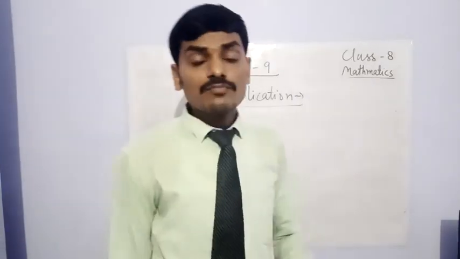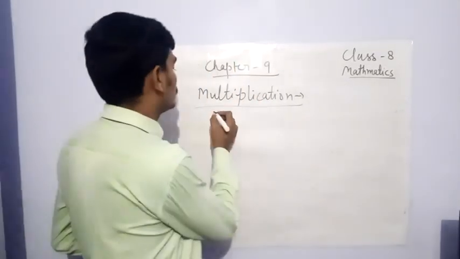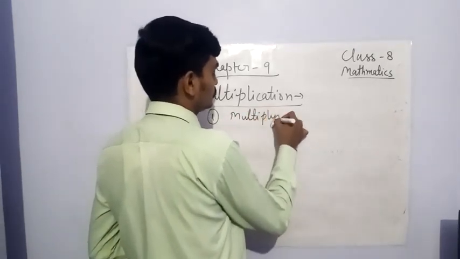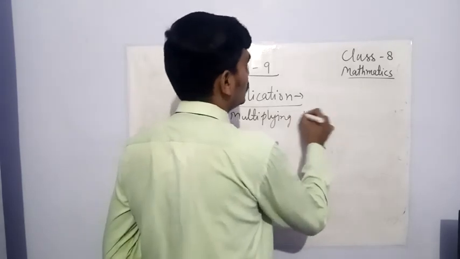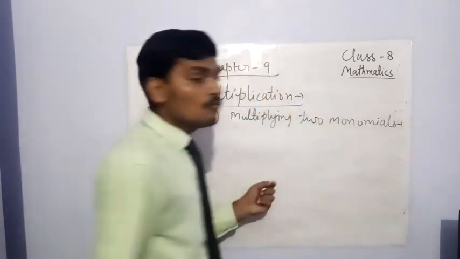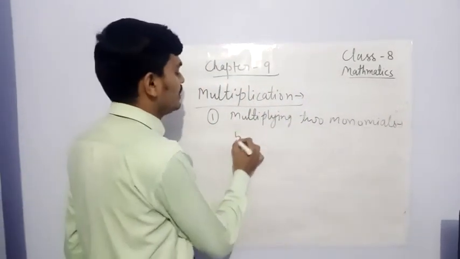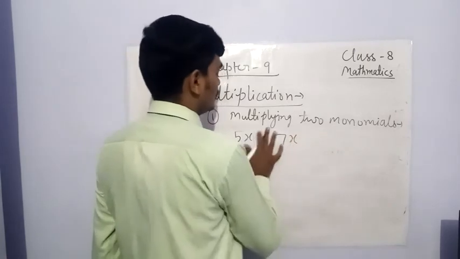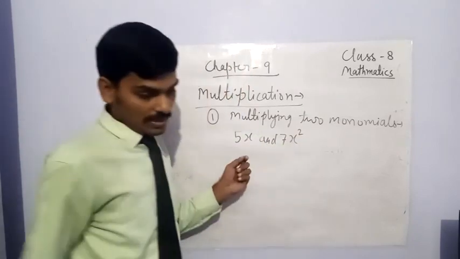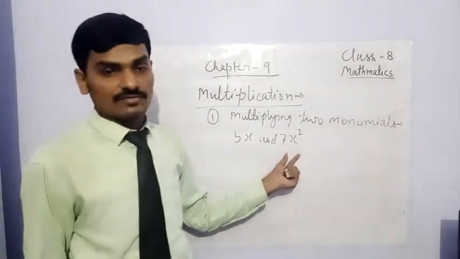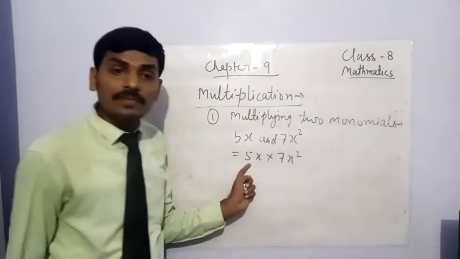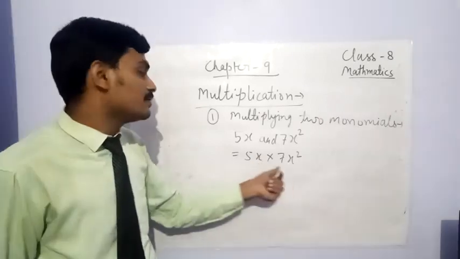First one is multiplying two monomials. If we have two monomials, then how will we multiply? For example, 5x into 7x square. We have to multiply 5x and 7x square. Just multiply the coefficients and also multiply the base.